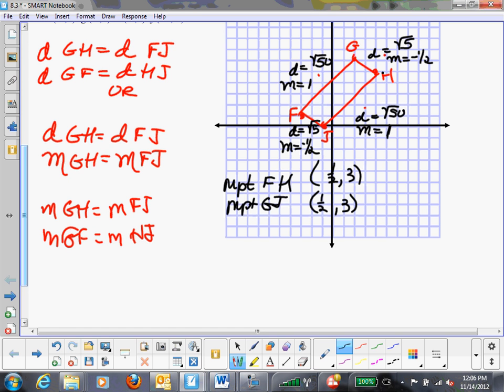So are we in agreement? Did you all get 1/2, 3? Yeah. That's what you should get if you did your math right. That's what I got for both of them.